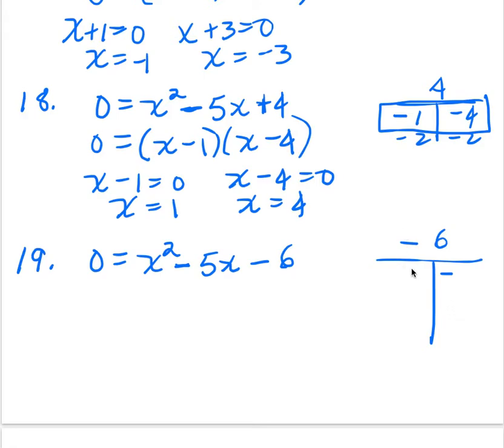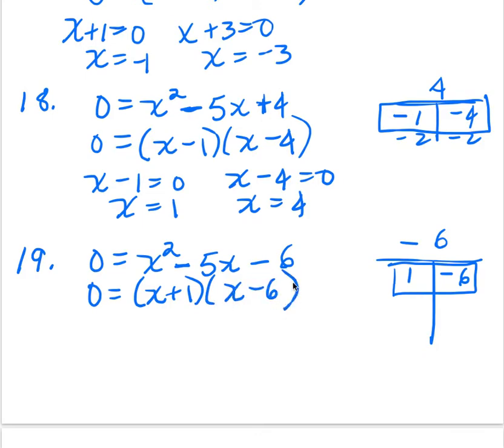I'm going to start off with 1 and 6. Ding, ding, ding, there it is. That combines into -5. So my quadratic will factor into x plus 1, x minus 6. So that means x equals -1, and x is going to equal +6.